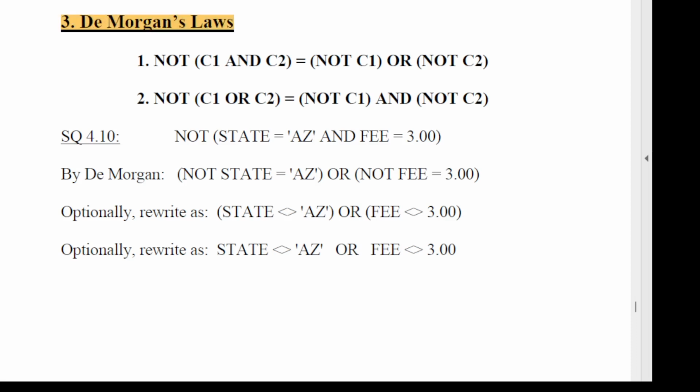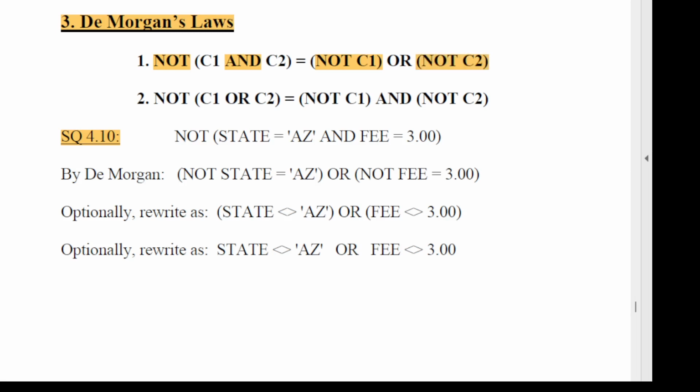Here's an example of De Morgan's laws. And we ran into this in sample query 4.10. Let's take a look at the law itself. We've got a NOT in front of C1 and C2, all right? Now watch what we're going to do. We're going to put the NOT in front of C1, then we're going to put the NOT in front of C2. So the NOT goes in front of C1, and the NOT goes in front of C2.